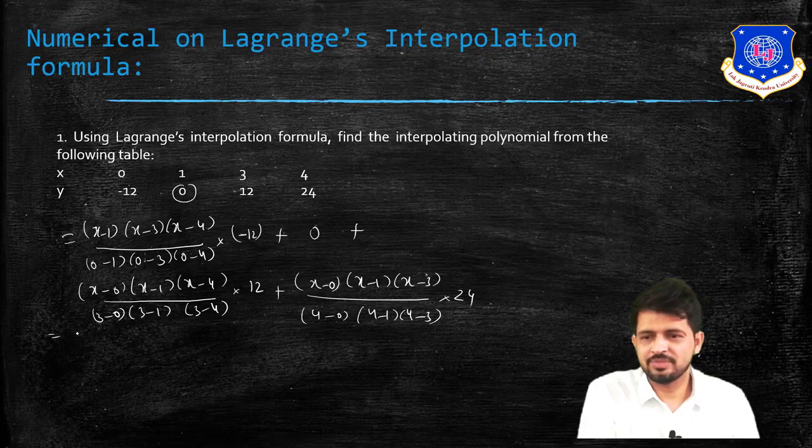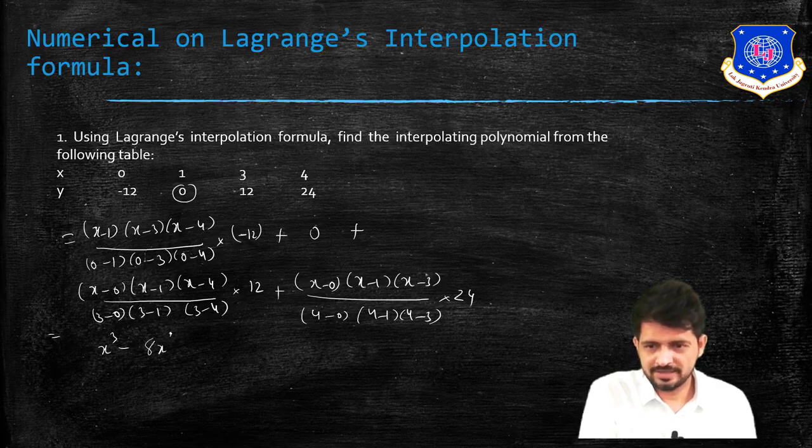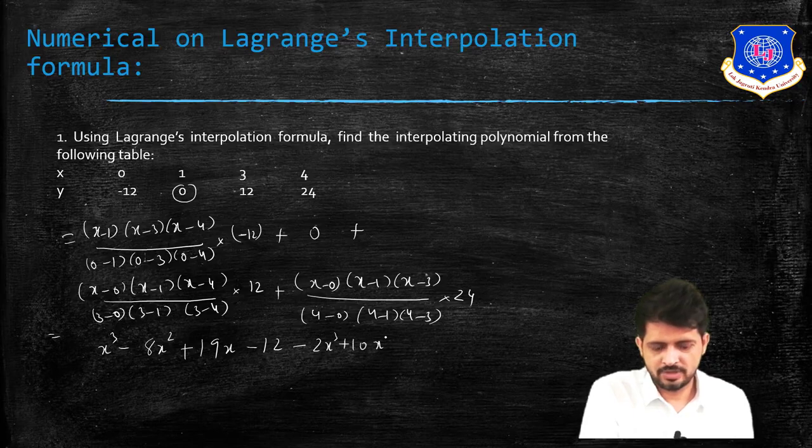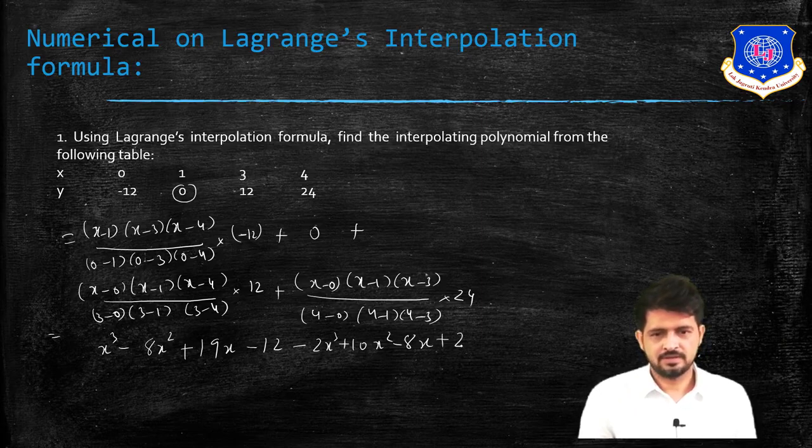See, if you simplify this, you will have this term: x cube minus 8x square plus 19x minus 12, minus 2x cube plus 10x square minus 8x, plus 2x cube minus 8x square plus 6x.